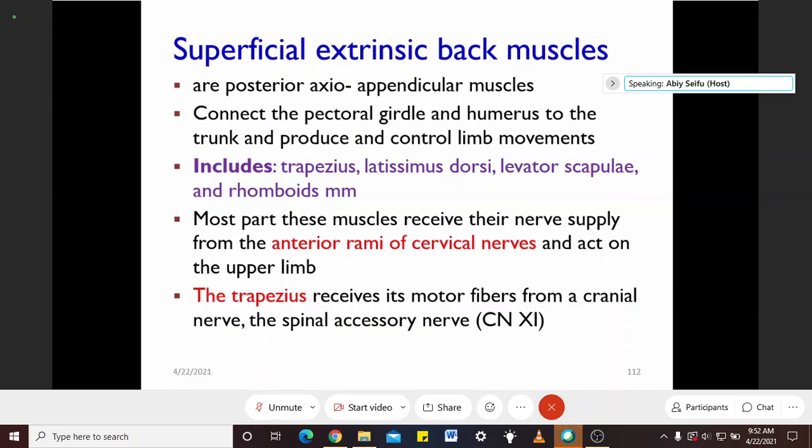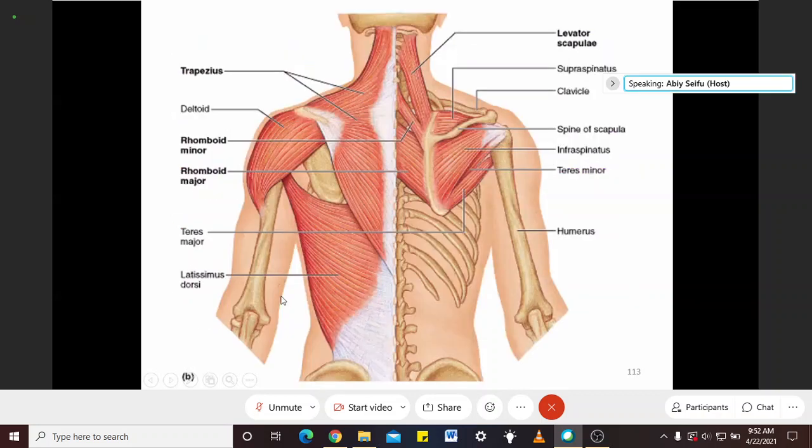And as I was saying before, their innervation is by the anterior rami of the spinal nerve, except the trapezius muscle. This one is the trapezius muscle.